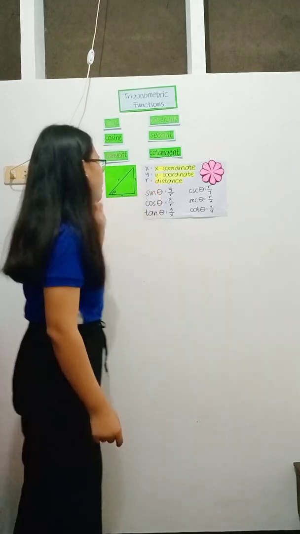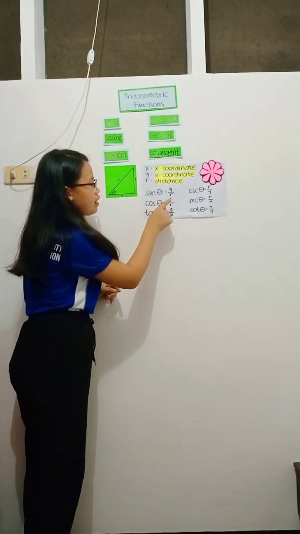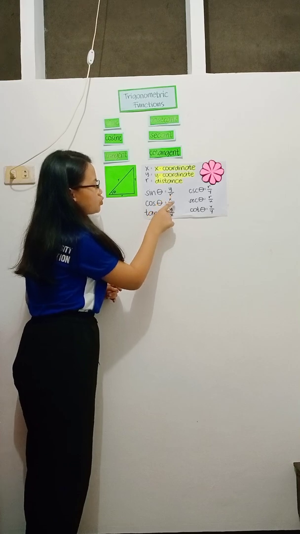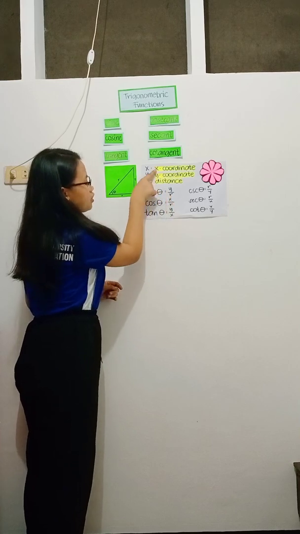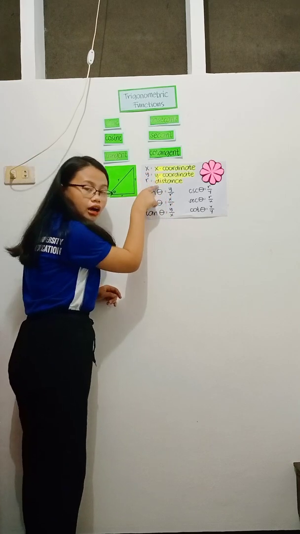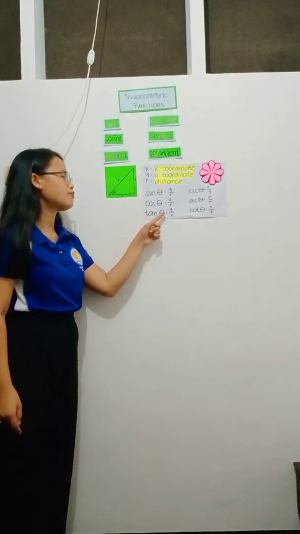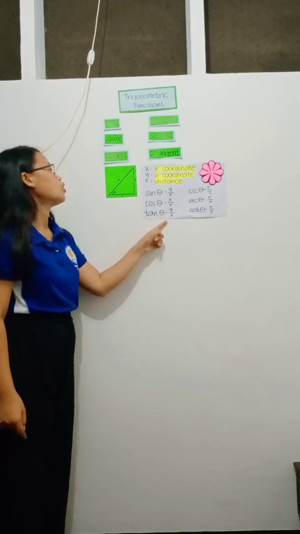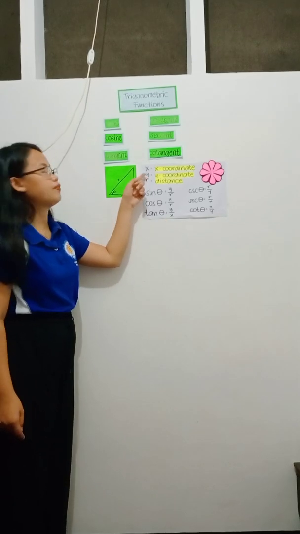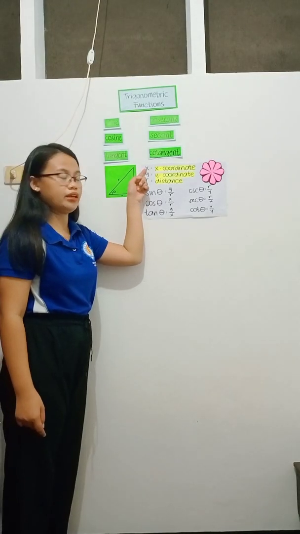For cosine, we have the formula x over r. For tangent, we have y divided by x.